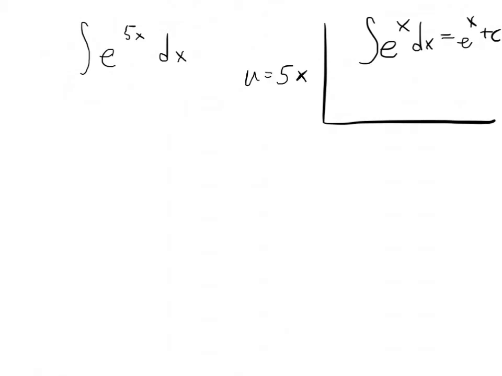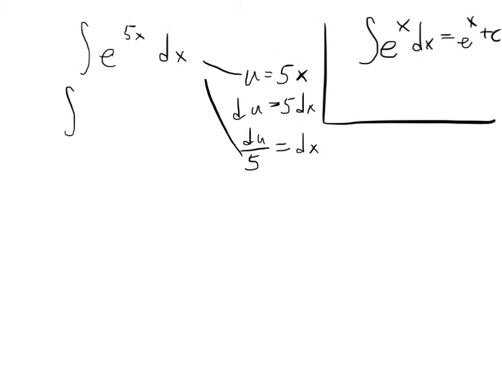U equals 5x. That means du is 5 dx. That means du over 5 equals dx. And so, plugging this stuff back into this problem, I now have the integral of e to the u times du over 5.